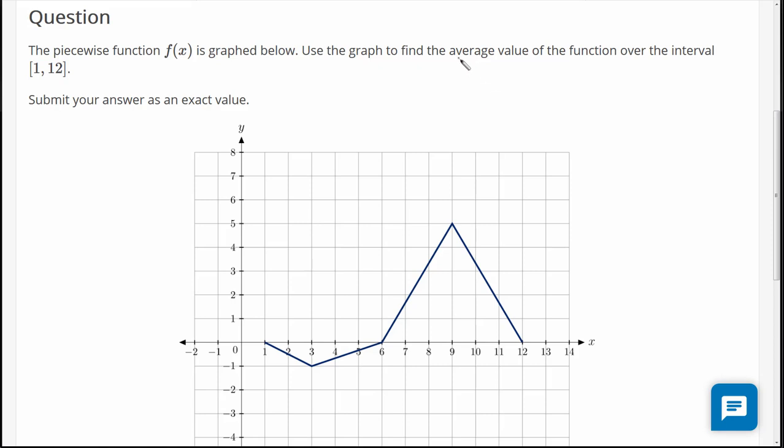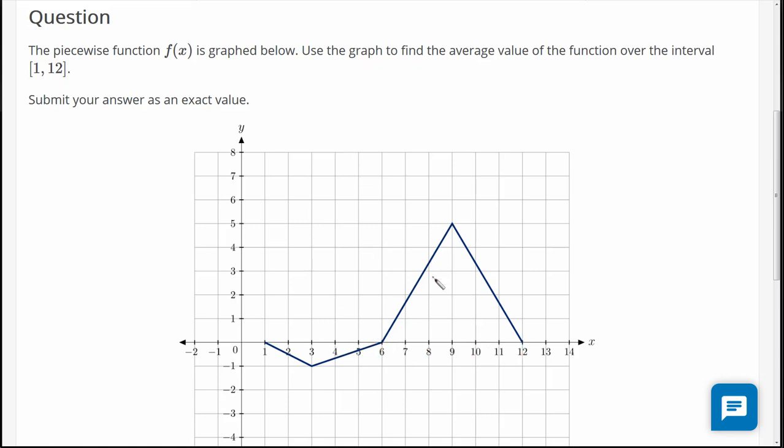So what we've got here is an average value problem. We want to find the average value of this function on the interval. It looks like the interval from 1 to 12, so the entire domain of this function.